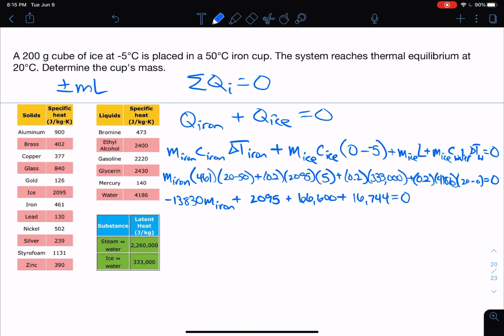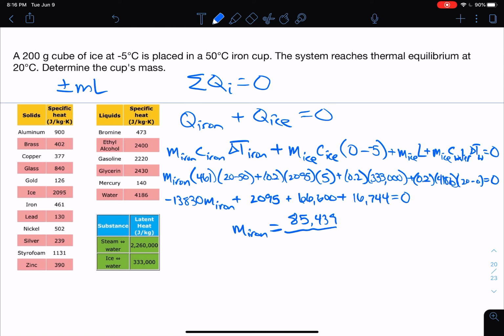Okay, so I'm solving for the mass of iron, so obviously I combine all these terms. When I add those all together, I get 85,439.